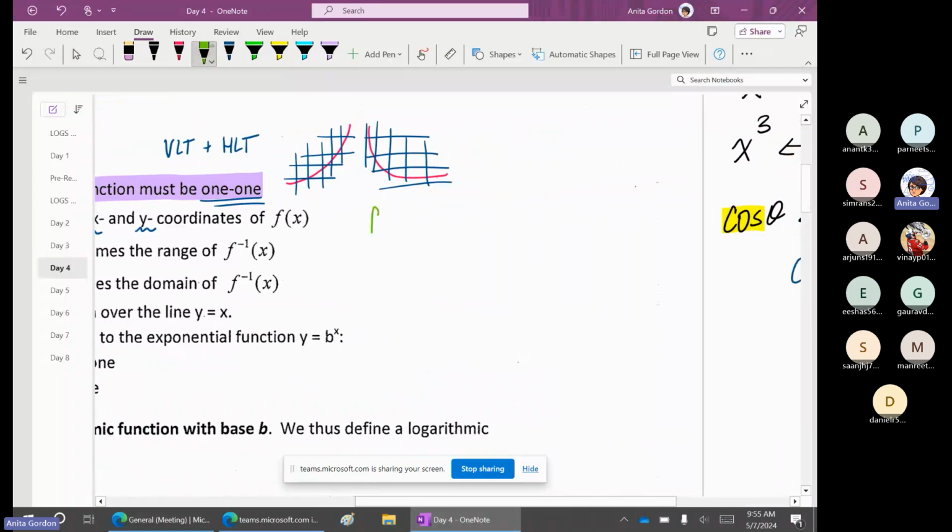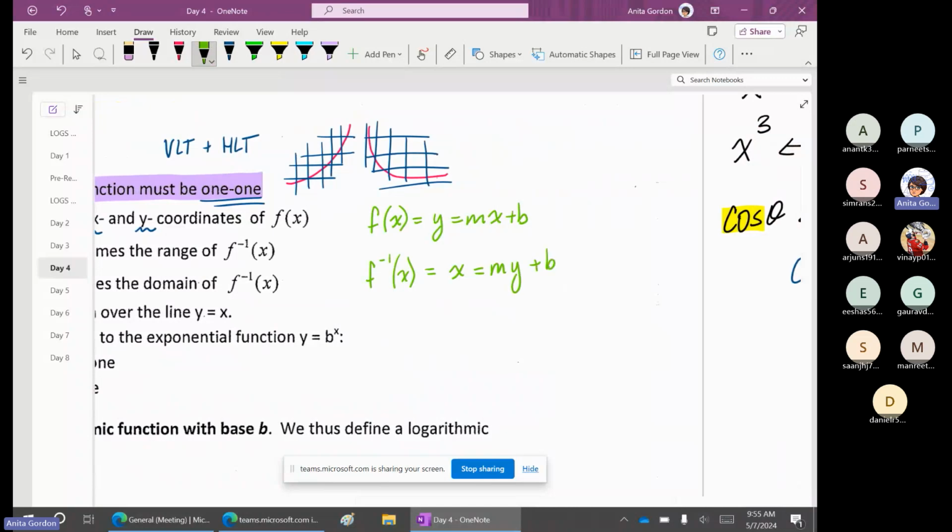If we have the function f of x is y equals mx plus b, we know this equation really well. F inverse of x would be x equals my plus b.